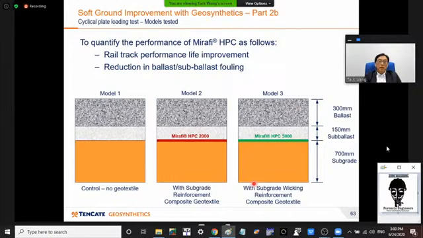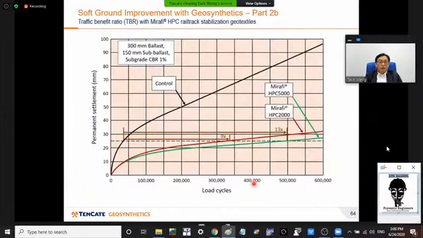And model 3 has the inclusion of Mirafi HPC 5000, which is a composite of a non-woven and a high modulus subgrade stabilization plus moisture control geotextile. And I'd like to show you the performance.